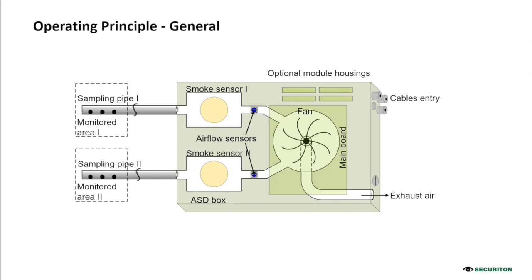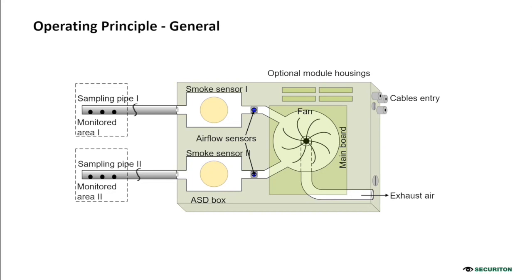Here in this picture, you can see a model with two detectors. The air is sampled through the pipe, passing through the smoke detector, and then it goes out through the exhaust pipe. As you can see here, we have an airflow sensor.